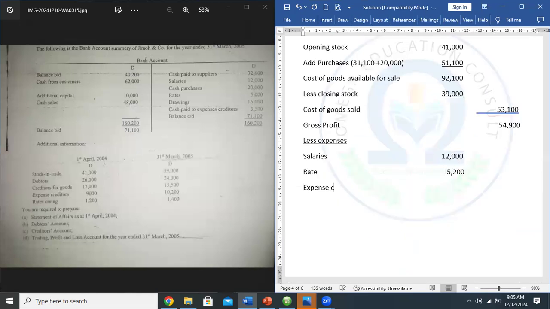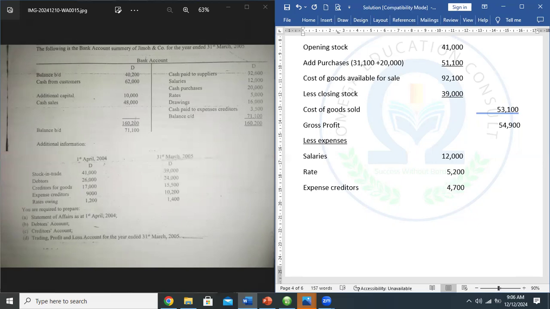You can add the creditors to it, just to make your labeling look specific. So our expense creditors 4,700 is how much expense we incurred for that particular year.